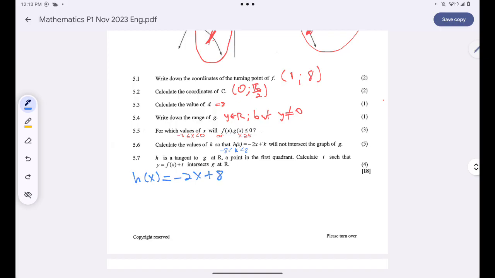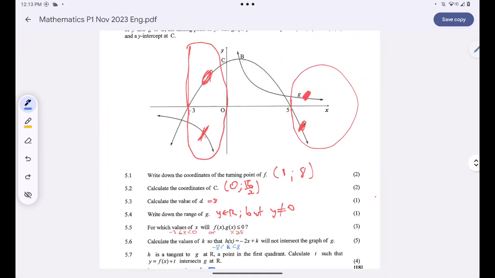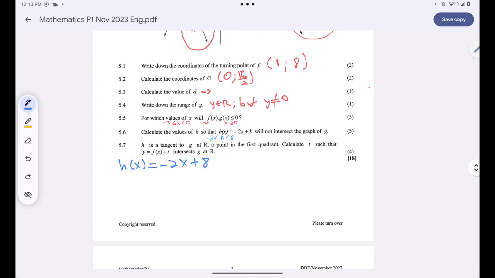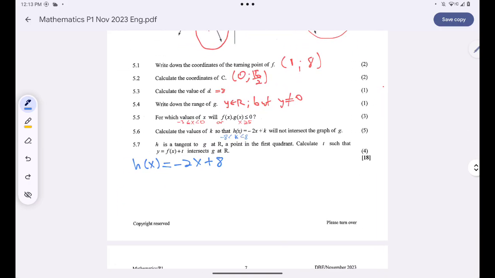Okay, now what are they saying? They want us to calculate t such that f of x plus t intersects g at r.